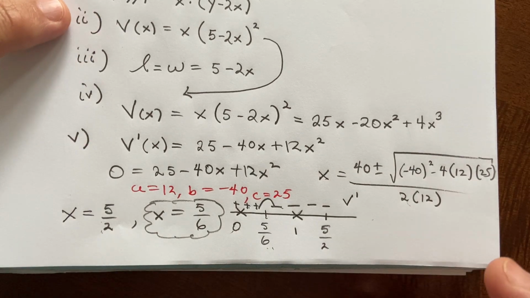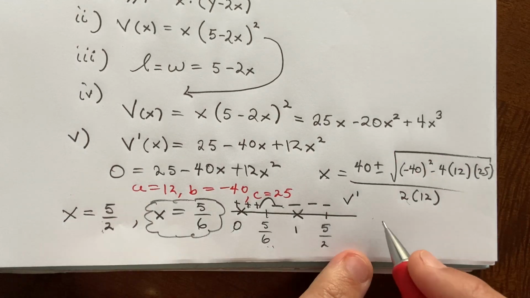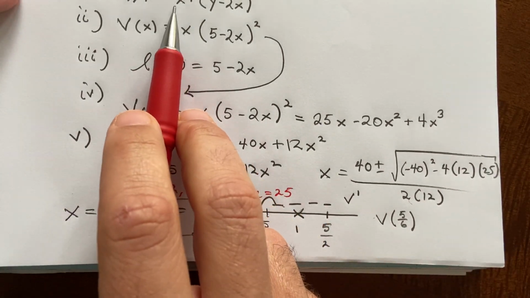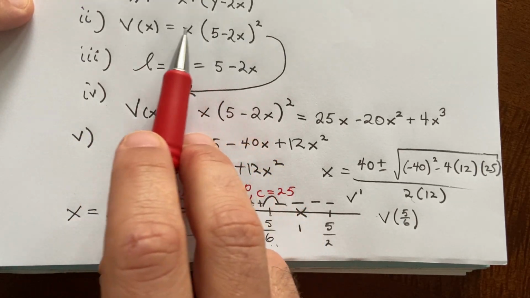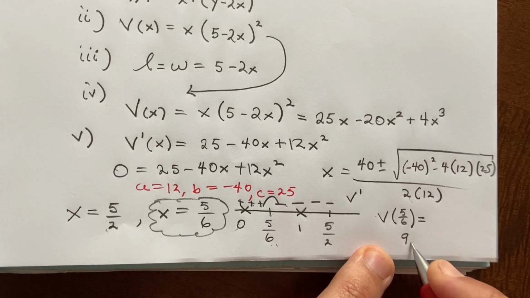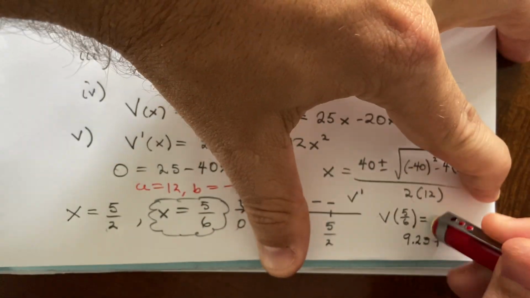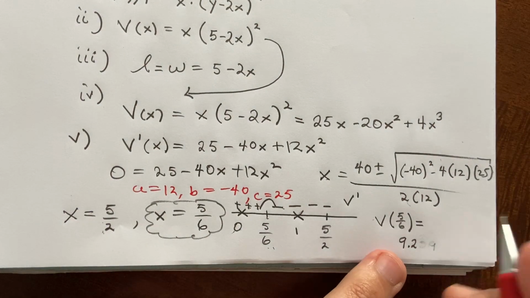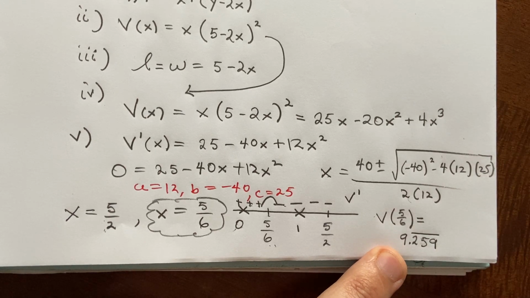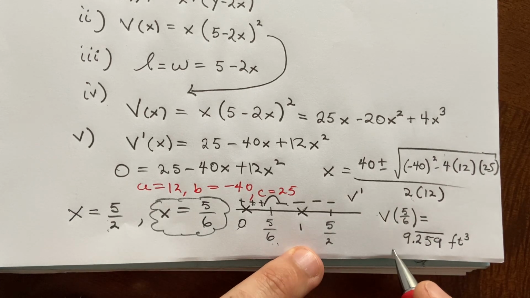So I'll go back here and I'll plug in 5/6 for x. So V of 5/6, if I plug in 5/6 right here, you'll see that you get 9.259, and the 259 actually repeats forever. This would be cubic feet since we're talking volume.